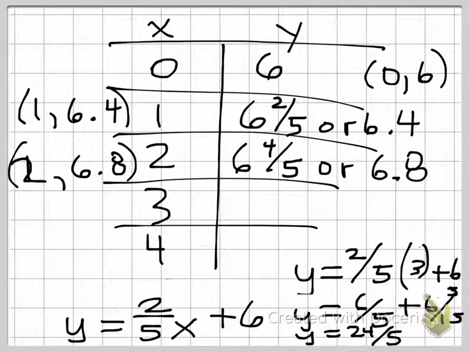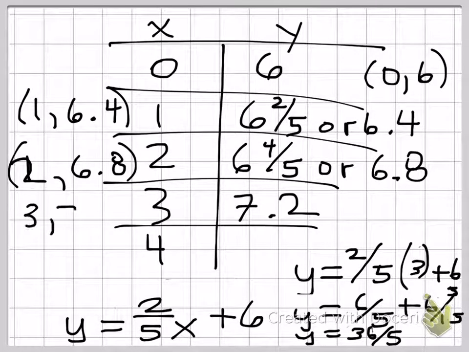Oh, whoops. I did my math wrong. It's not 6 times 3, it's 6 times 5, so 30/5, which is going to be exactly 6. 30 fifths plus 6 fifths is going to give us 36 fifths. And 36 fifths is about 7.2. So we're going to have (3, 7.2).